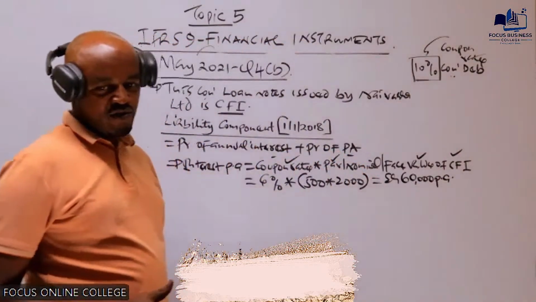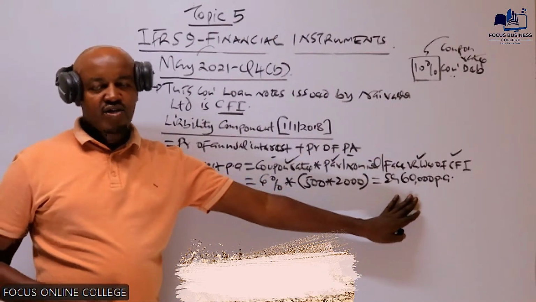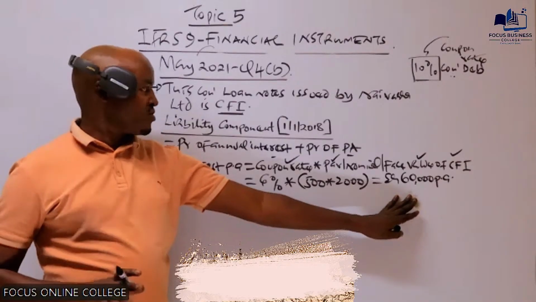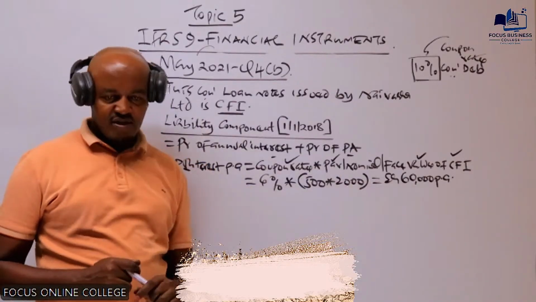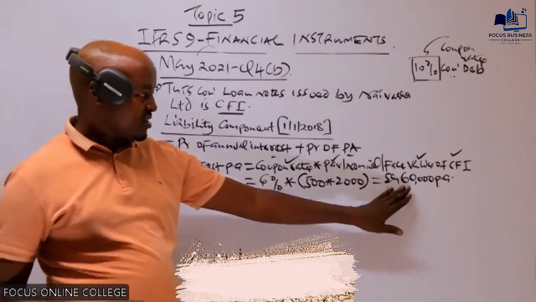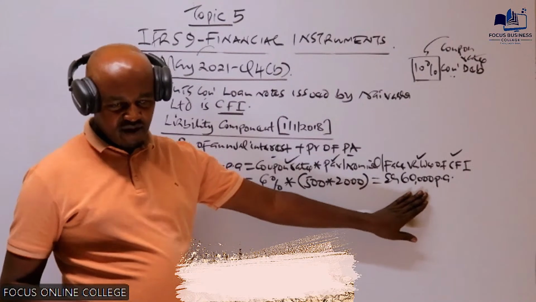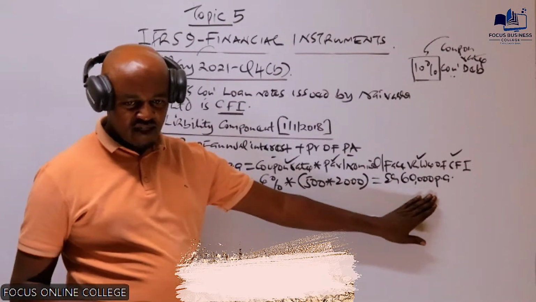And from the information we are given here, this interest will be paid for the next how many years, assuming these convertible notes will not be converted into ordinary shares?